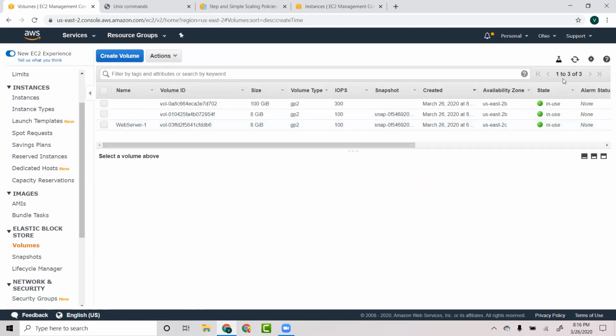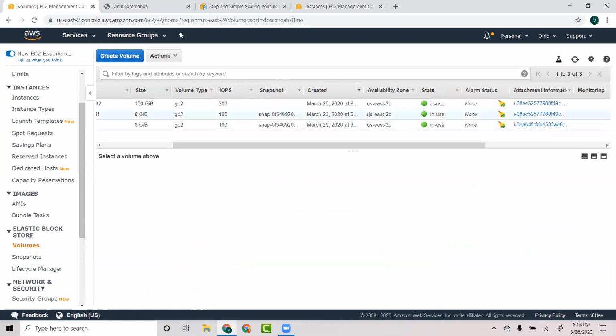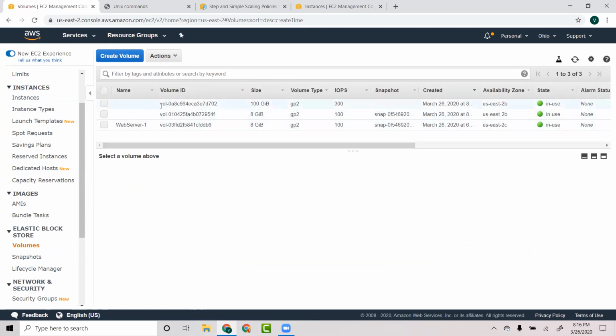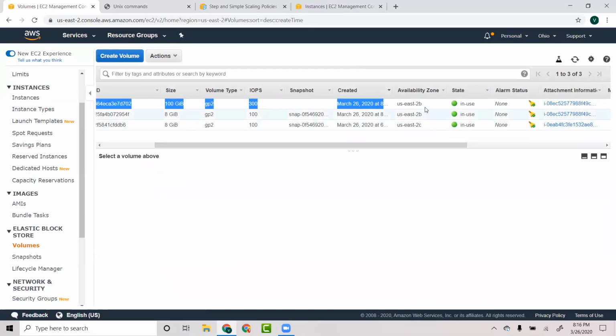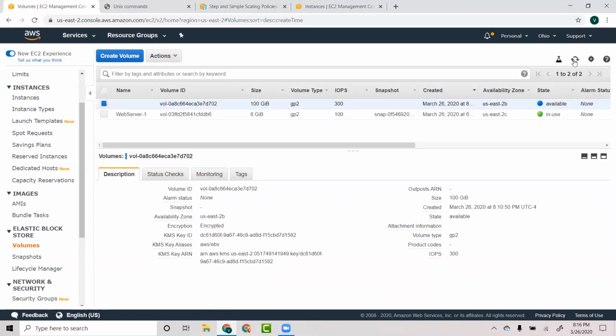My 8 gig guy should be gone in 2B. But this 100 gig guy will not be deleted, because I said I want this to stay even if my EC2 instance gets terminated. Does it make sense? There you go, it's gone.